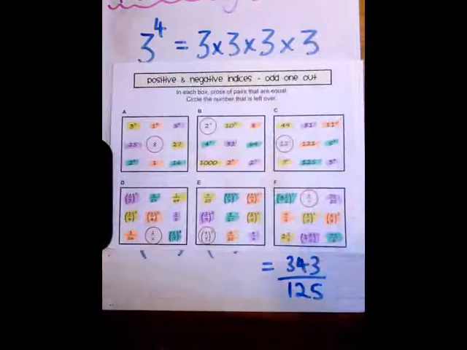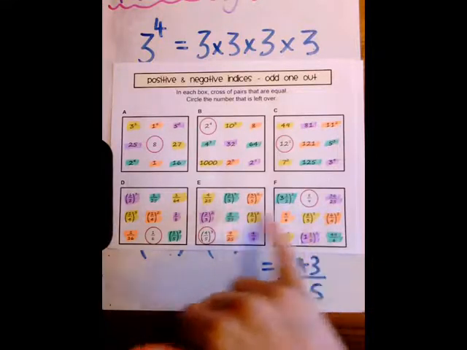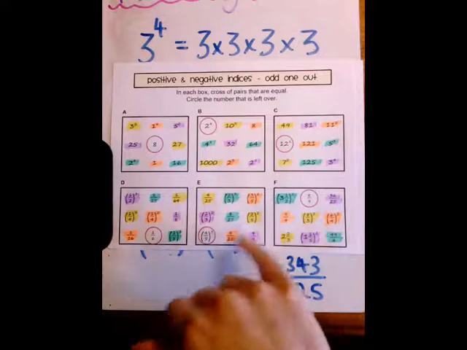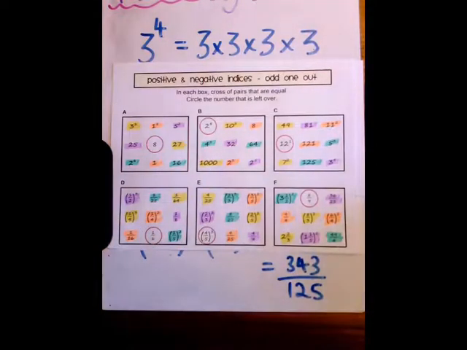So if you've got the same odd ones out as me, then that means you should have got that correct, so that's really good. If you weren't sure though of any of them, just pause the video again and then you can correct the answers and have a go at any that you weren't sure about. Section E and F are quite a bit harder than the other ones, so if we were getting A, B, C and D correct, that's really good.